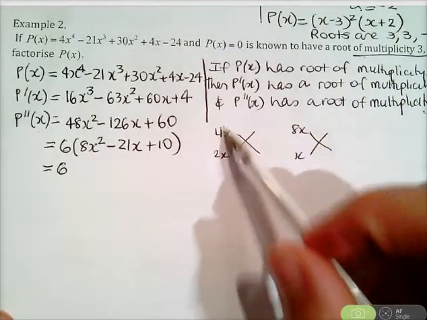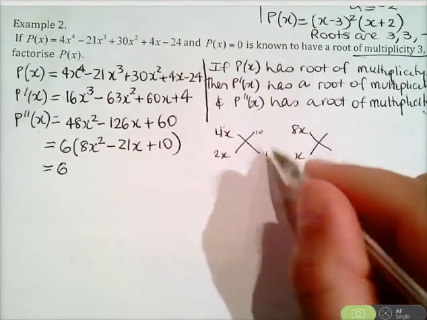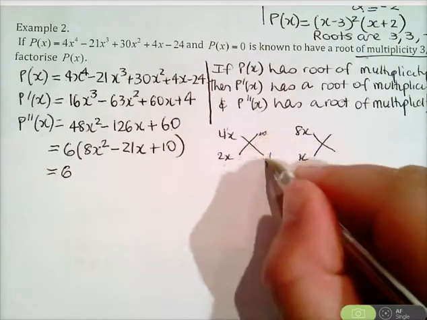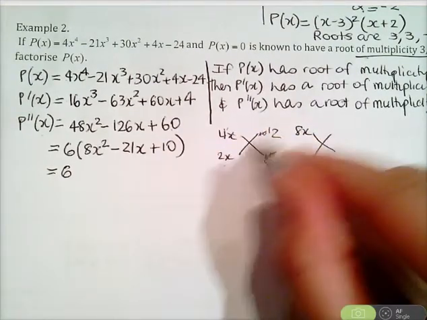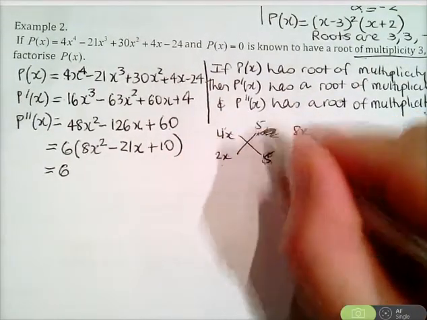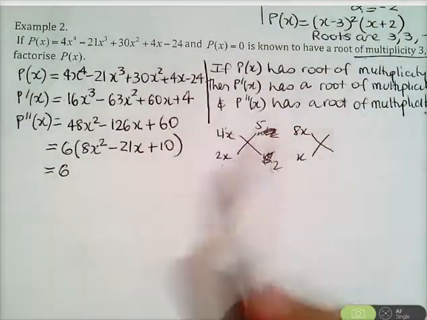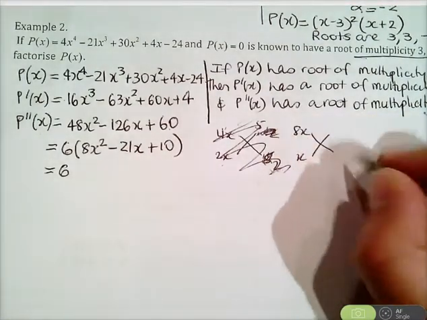So let's have a look with 4x and 2x. Factors of 10 could be 10 and 1. That is not going to give me 21. Either way, that doesn't work. Could be 5 and 2. That gives me 20 and 4, that's not going to give me 21. I can go 5 and 2, that's going to give me 10, 16, or 4. That's not good. We'll try 8x and x.